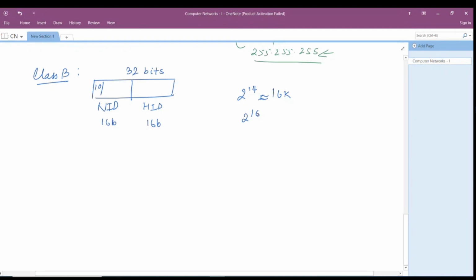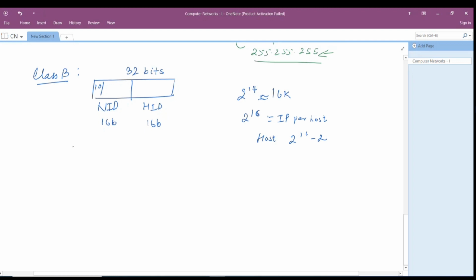Each network has 2 to the power 16 IP addresses, but the number of hosts in each network would be 2 to the power 16 minus 2 because 2 IP addresses are reserved.